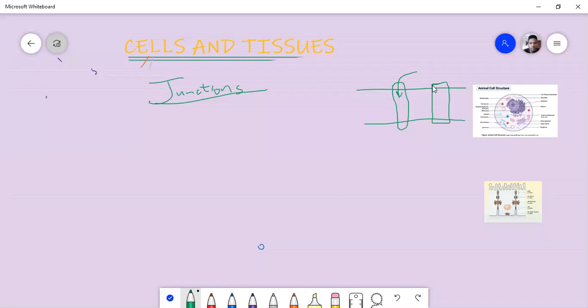Like how do substances move from the extracellular fluid to the intracellular fluid. Are we clear? Because if I explain that right now, I'll waste time, guys. I just want to push so that you have enough time to prepare for biology.